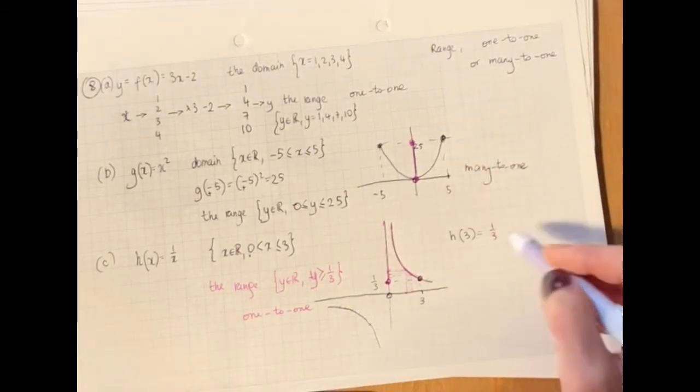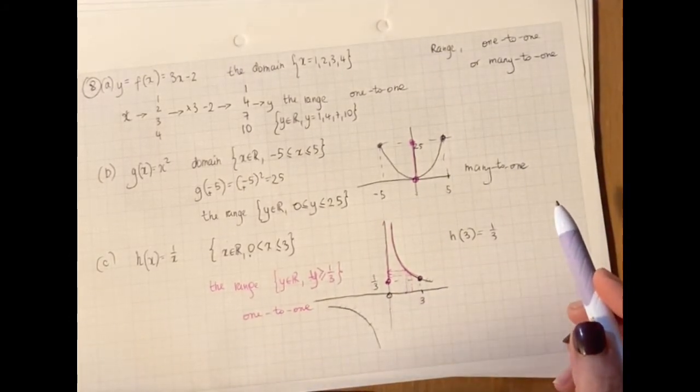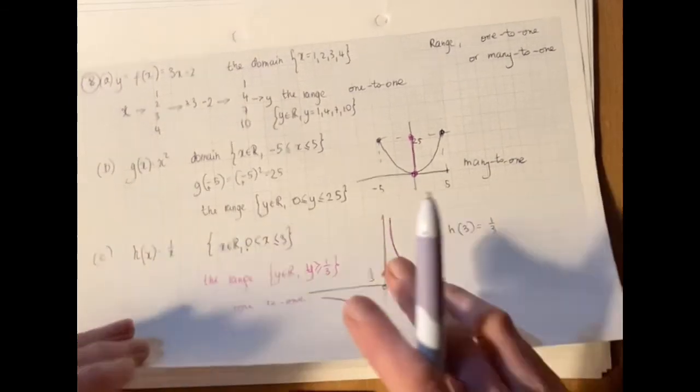If it's more like squiggly, like a parabola, so it comes back onto itself, or it's a sine graph, then it's going to be many-to-1. If it's anything like a circle, then it's not going to be a function, because it will be 1-to-many, which is not allowed.